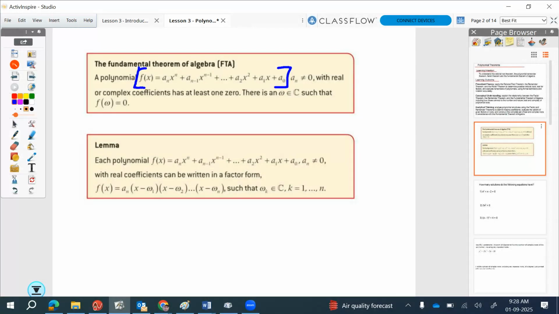This is how we define any possible polynomial. Obviously, it's quite easy to generalize a second degree function. You can say ax squared plus bx plus c, and that would define any second degree polynomial. But if we're trying to define a polynomial of the nth degree, then we're going to use a statement that looks something like this one.